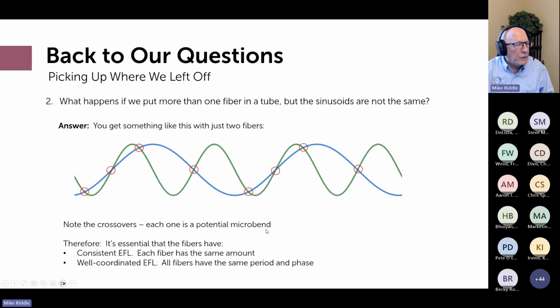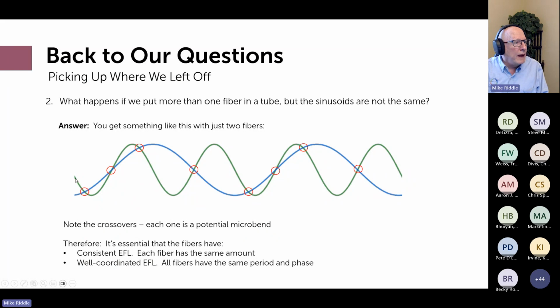You can get microbending. So what you want in your fiber optic cable is not this. You want consistent EFL. Each fiber has the same amount. Our blue fiber has less EFL than our green fiber. So you want them to be the same, and you want them to be well coordinated.